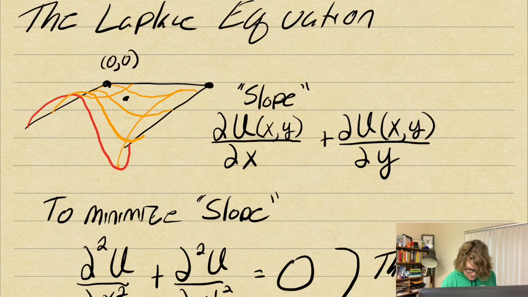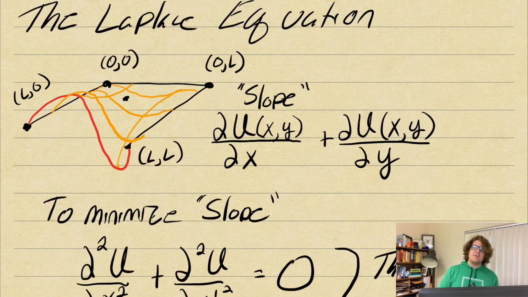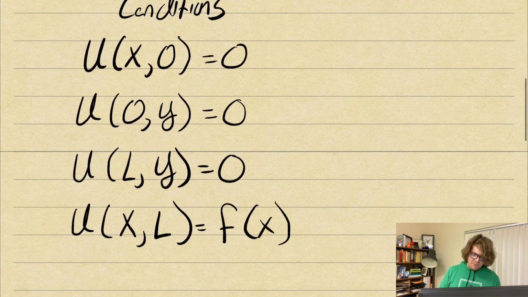Then we're coming out to this point here, which would be 0 on the x-axis, L on the y-axis. This point out here would be the point L, 0, and then this point right here, we'll call the point L, L. So pretend that we're living on a square sheet. It doesn't necessarily have to be square, but to make things a little bit easier, we'll just make it square.